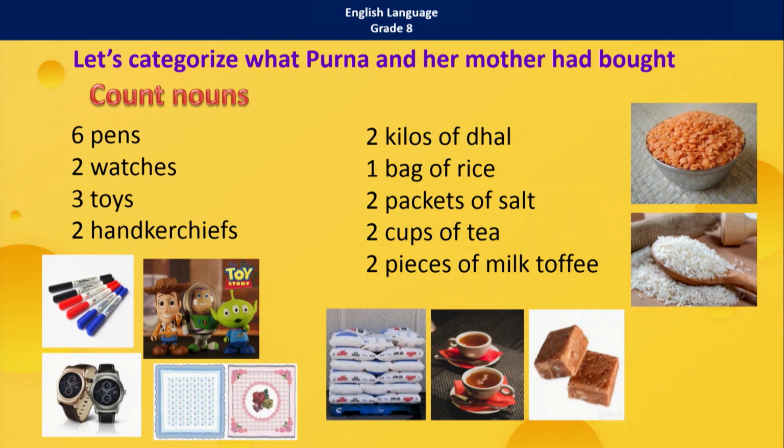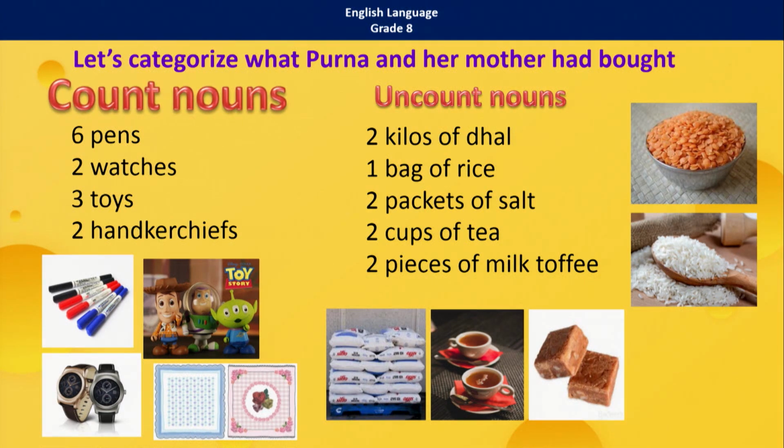And the things that are on the other side we can't count. So, we call them uncount nouns. Count nouns and uncount nouns. Right. So, we are going to look into the pluralization of count nouns and uncount nouns first.